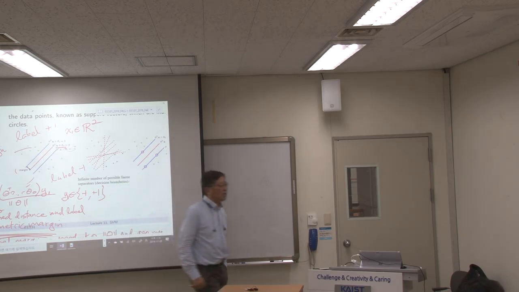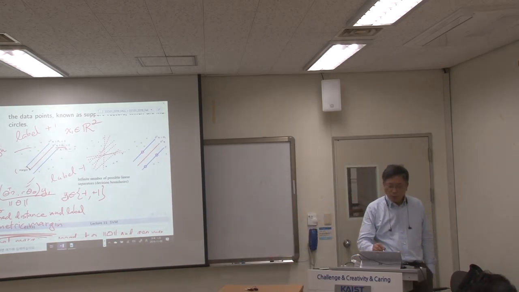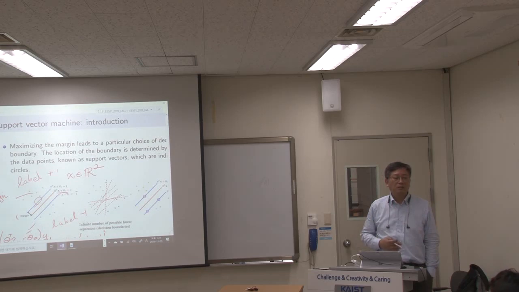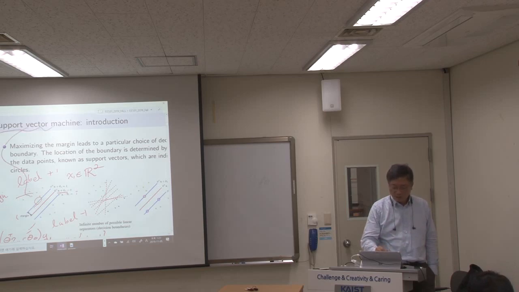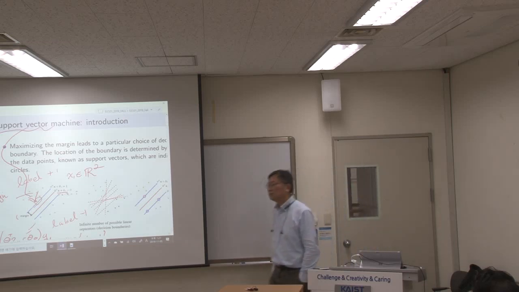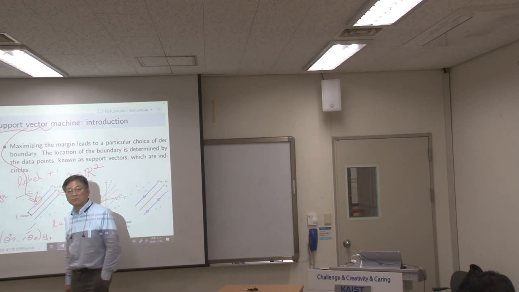And there is a name. These points with functional margin equal to 1 are called, what do you think they will call? What do you think they are called? Yes, they are called support vectors. The support vectors, you can say it this way.